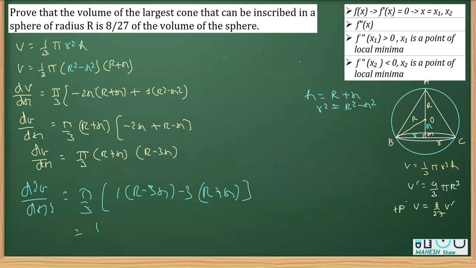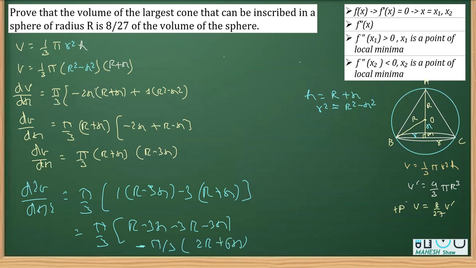Yeah, I think we can do one more step of simplification. So it's going to be R minus 3x minus 3R minus 3x. And in this simplest form, it is minus 2R minus 6x. Further, I can take minus common and write these as positive.